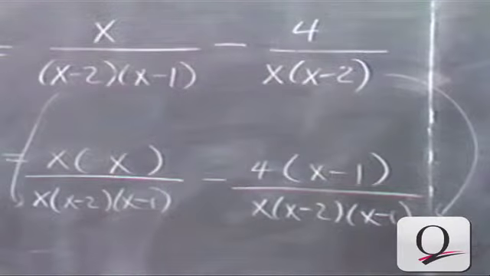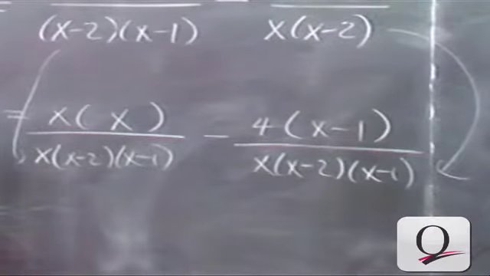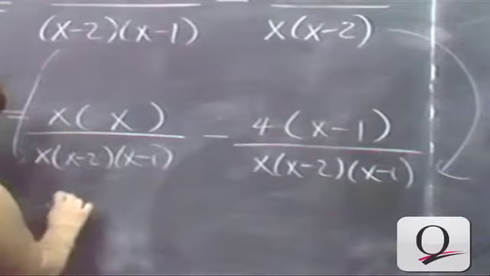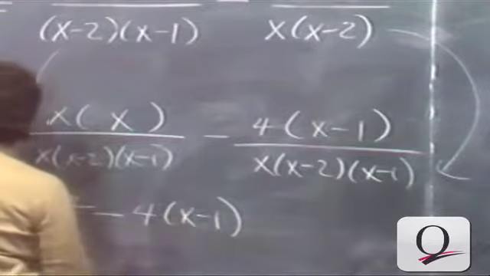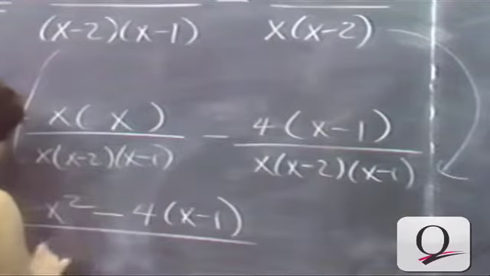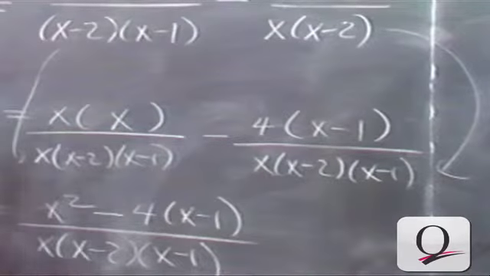Now we have two fractions with the same denominator. We combine numerators and put it over that denominator. x times x, or x squared, minus 4 times x minus 1, all over x times x minus 2 times x minus 1.